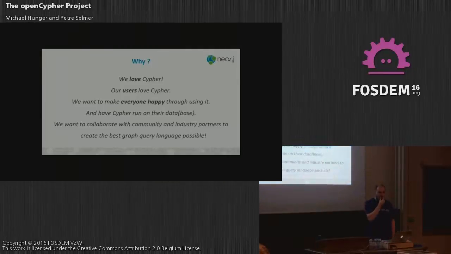And why do we do that? Because we love Cypher and our users love Cypher, and we just want to make everyone happy. That's the end goal anyway. And we want to enable everyone to run Cypher on their own data, on their own databases, and so on. So that's pretty cool.